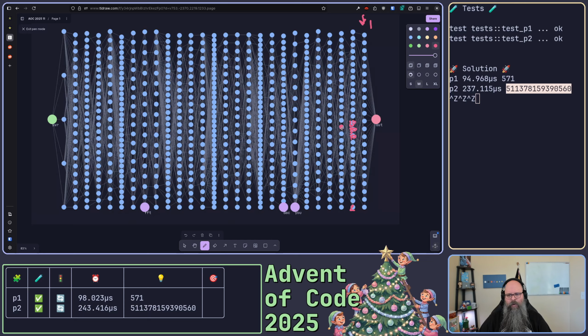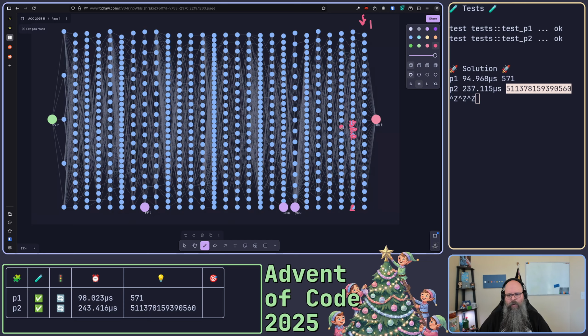They give you a new input and show you all the possible paths, but only these two paths visit both FFT and DAC. So there are all these possible paths, but only two of them are actually valid because they visit both of those places. That's what changes in part 2.